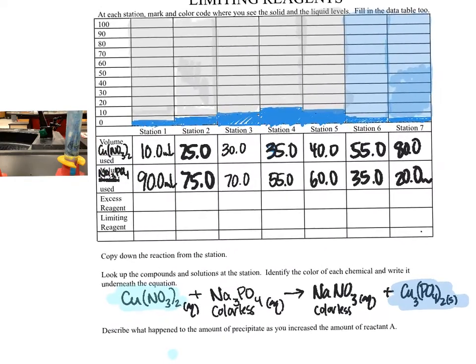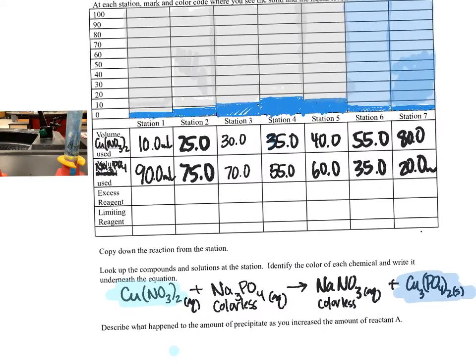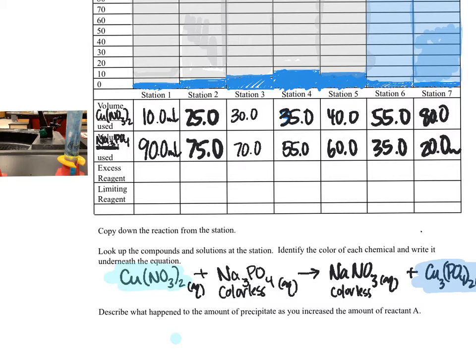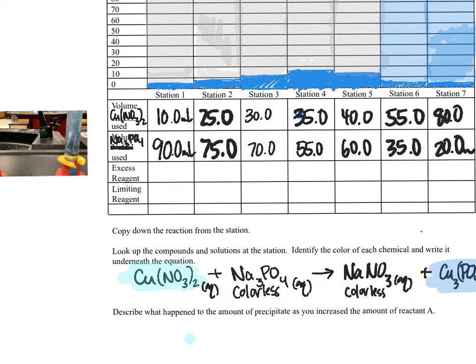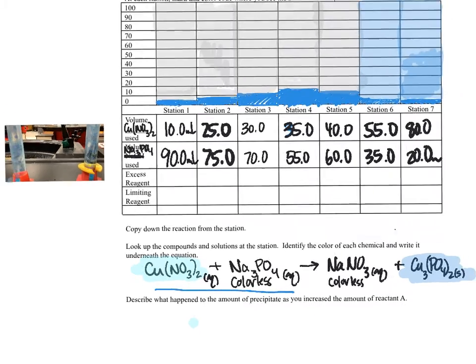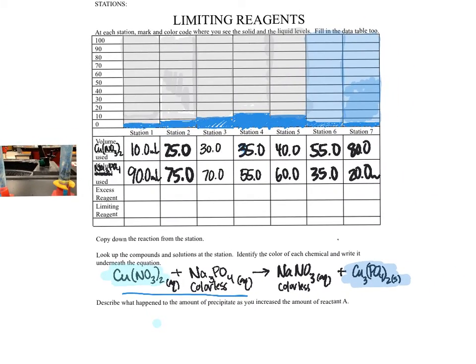Okay, so again, our reagents are going to be our 2 compounds down here that we see. Again, these are our reagents, our reactants. And so what I'm going to do is look at what I have in my beaker and in my graduated cylinder. I have NaNO3 in all of them.